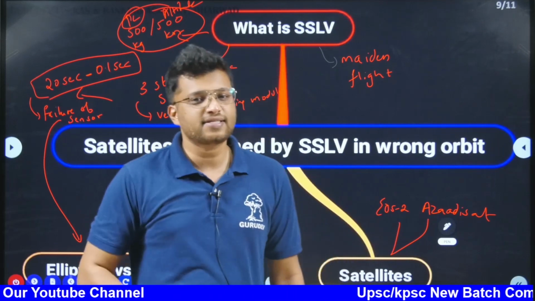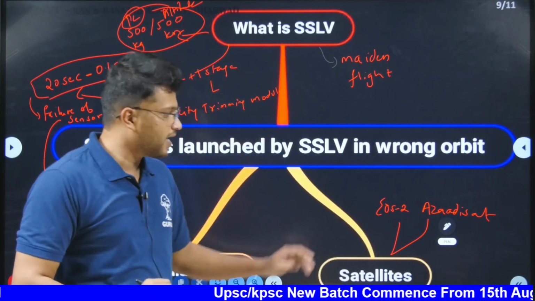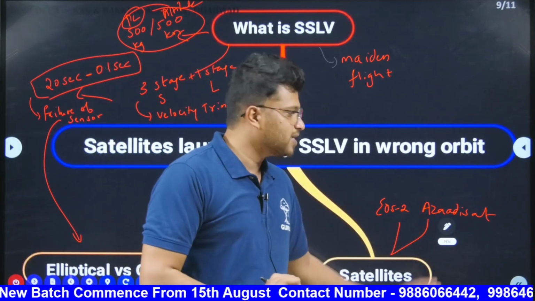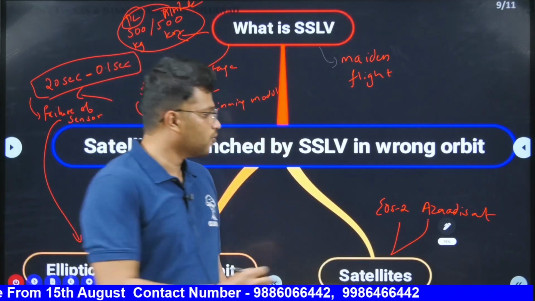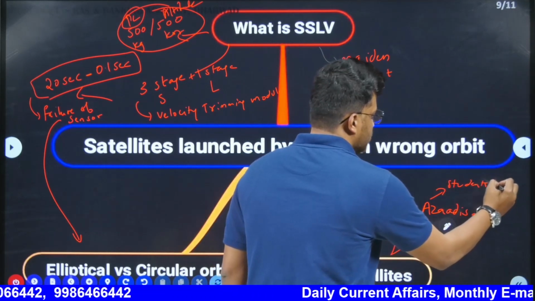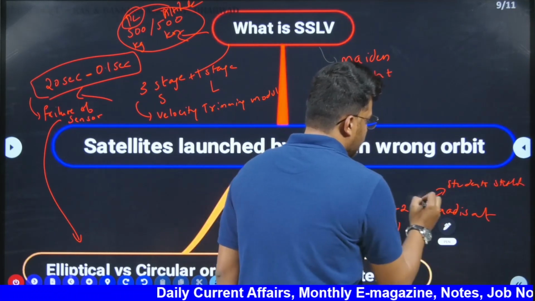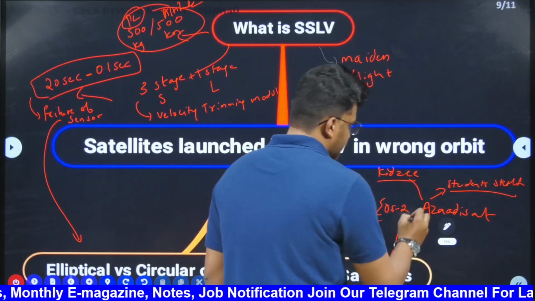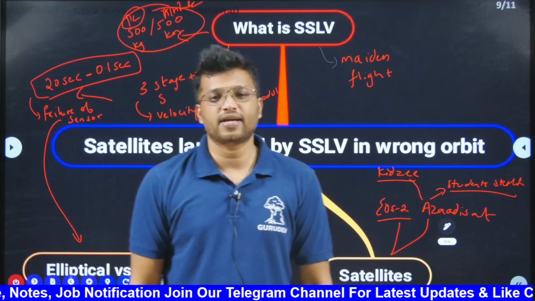So what were the satellites that it was carrying? It was carrying the Earth Observation Satellite 2, the second Earth Observation Satellite, as well as Azadi Sat. This Azadi Sat is a student satellite developed by KIDSI. Fine. So these are the two satellites that were being launched.